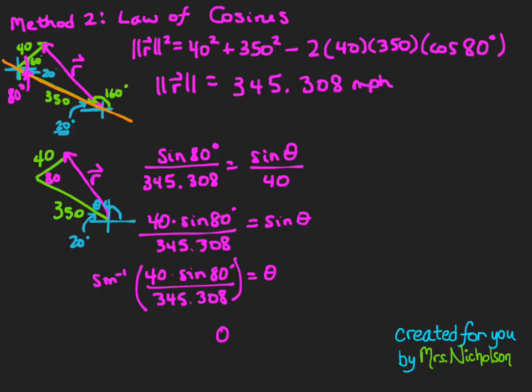When you do that, you get that theta is equal to 6.550. So 6.550, that is our theta angle inside the triangle.